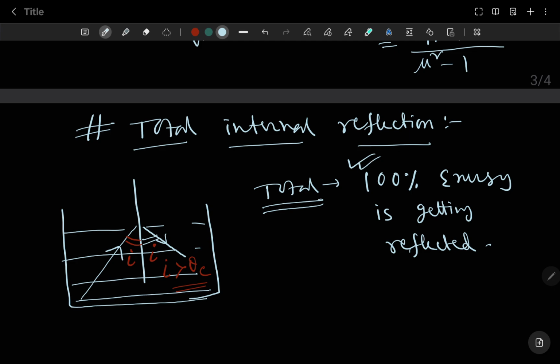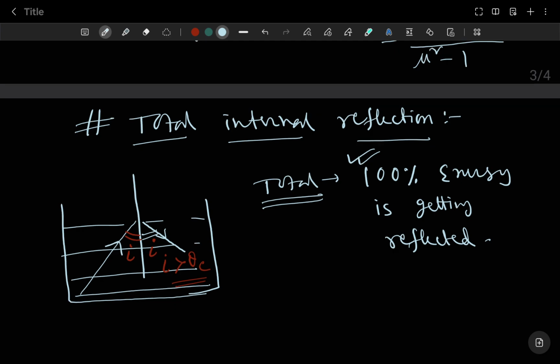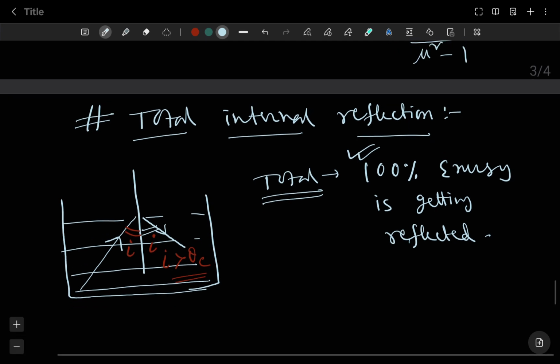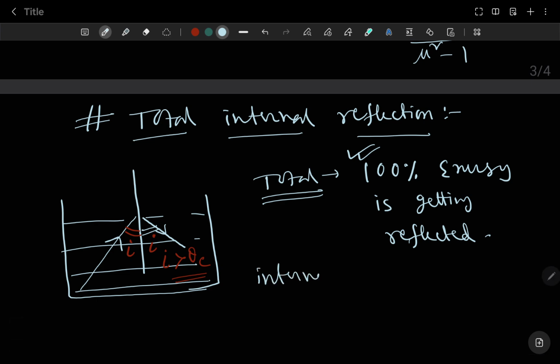In ordinary reflection, some part of the energy gets absorbed, a fraction is transmitted and the rest is reflected. But here 100% of the energy is reflected. No transmission, no absorption.